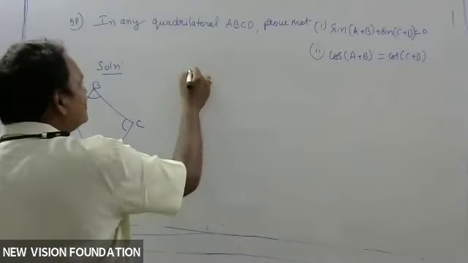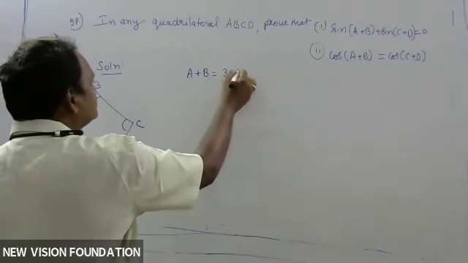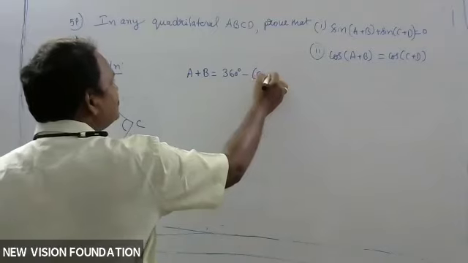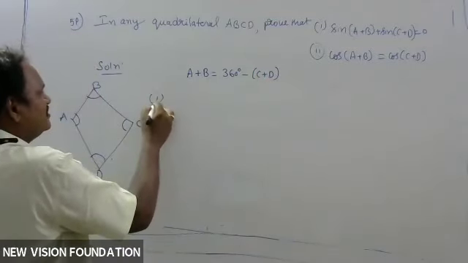From that, you can say that A plus B is equal to 360 degrees minus C plus D. Right?